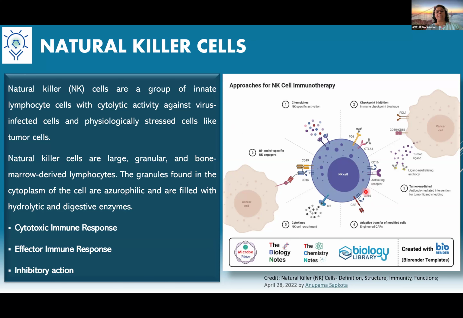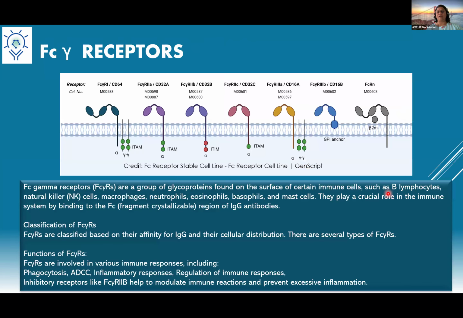Natural killer cells bring about cytotoxic immune response via ADCC and various other effector immune responses, and there are checkpoints like PDL1 interactions, which keep the natural killer cells in their nascent form and do not bring about non-specific cell killing. Since we are talking about ADCC today, let's come back to our topic of interest.